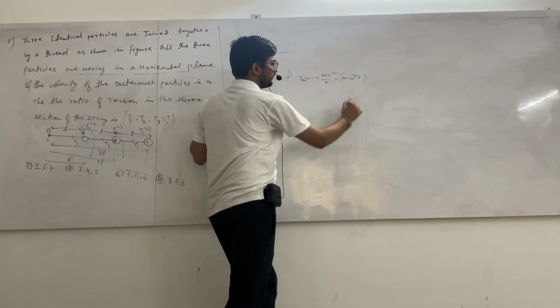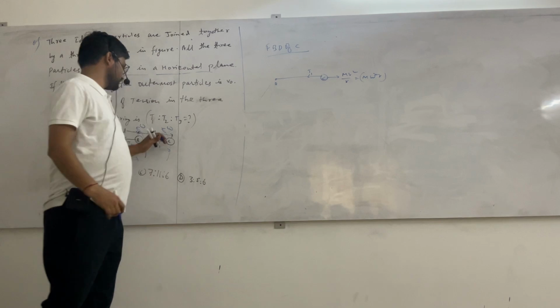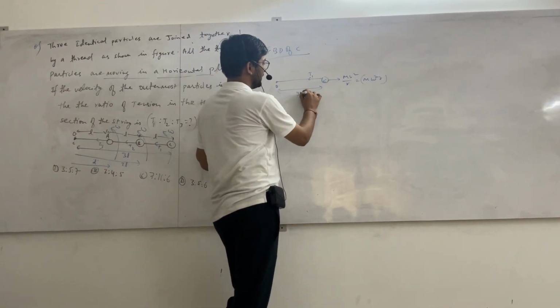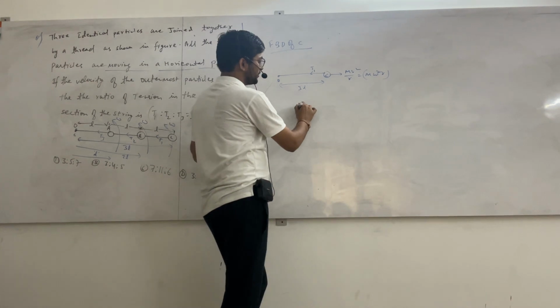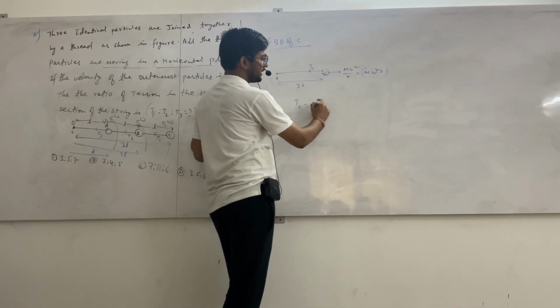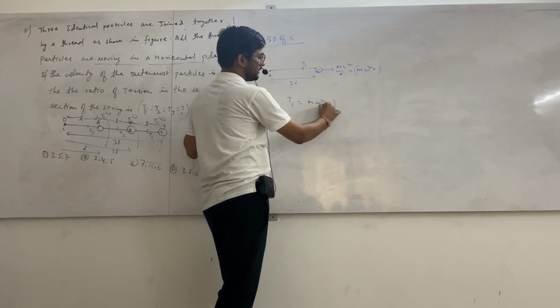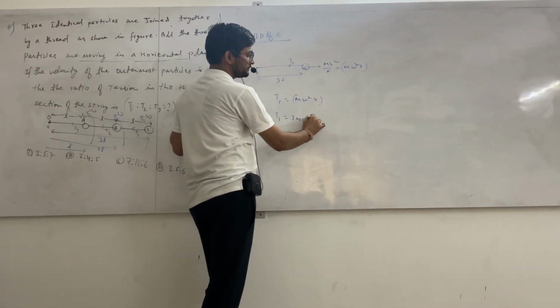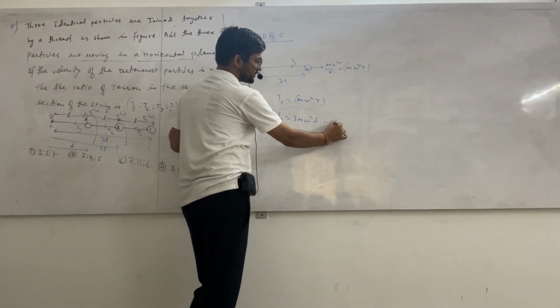If the particle is moving with angular velocity omega, then we take m omega square r, where the length r is 3L. So according to the free body diagram, T1 is equal to 3m omega square L. This is the first equation.